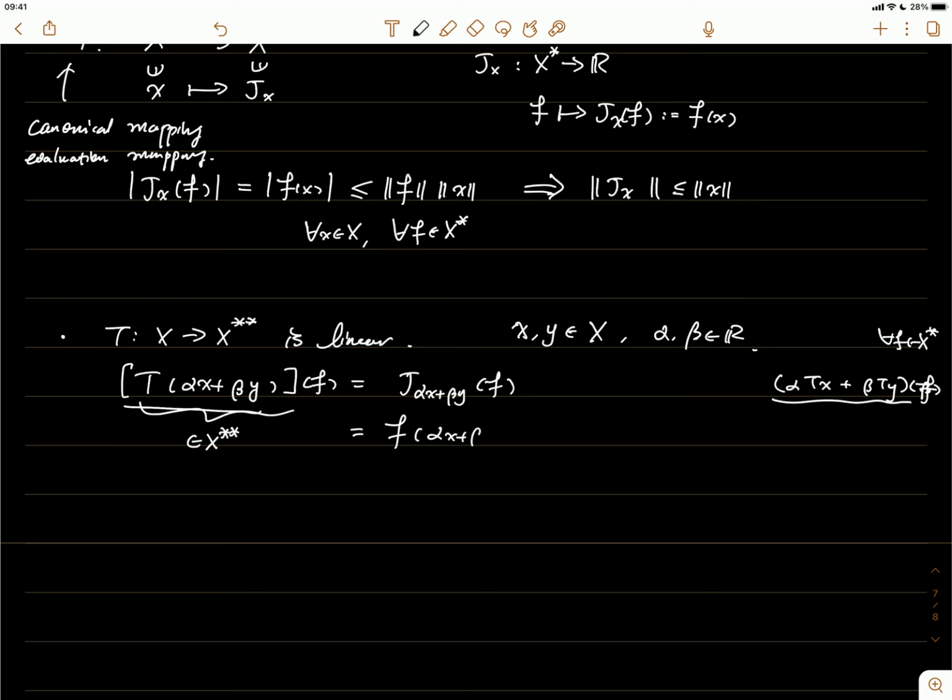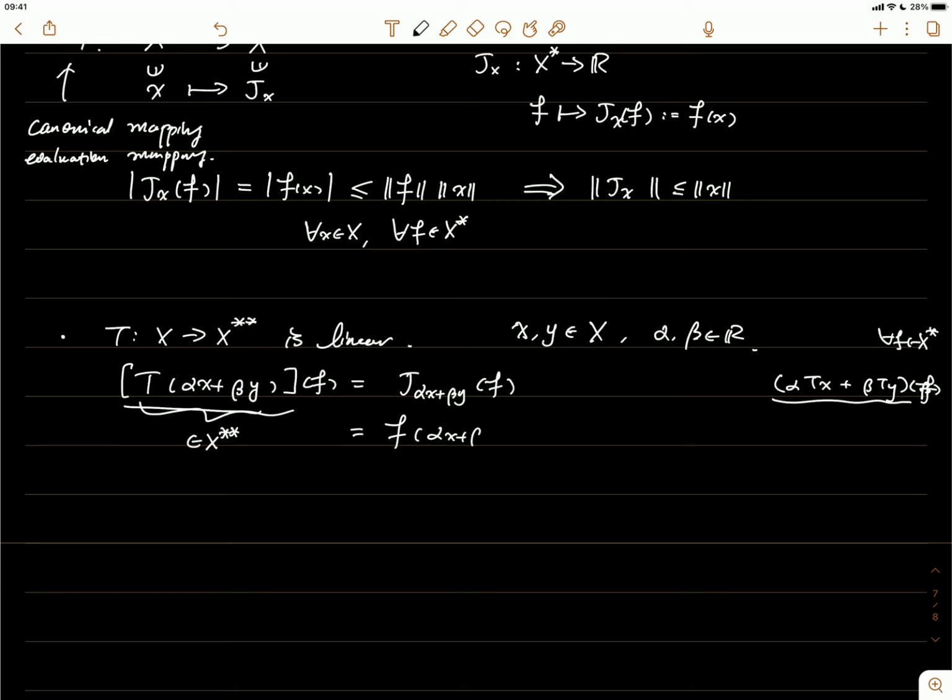But because f is in x star, it's linear. So I have f of alpha times x plus beta times y, and as you can see, this is just equal to alpha times Jx at f plus beta times Jy at f.